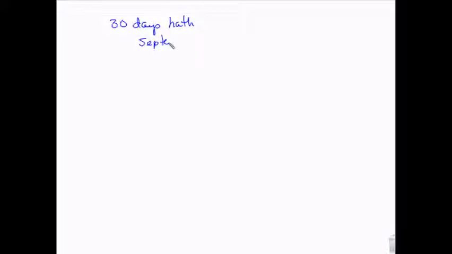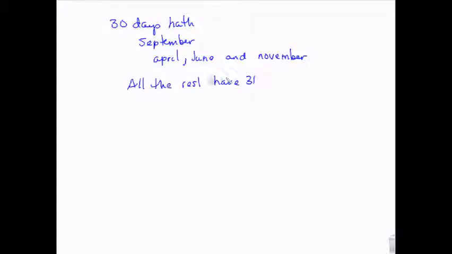September, April, June, and November. All the rest have 31, except for February. And December. I don't know. I'm trying to rhyme. Which stands alone.